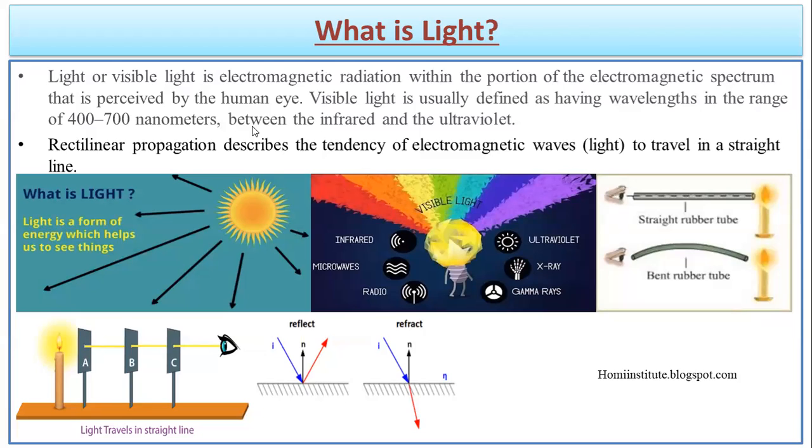So when we say light, then light is a portion of the electromagnetic spectrum or the electromagnetic radiation which is emitted by any kind of luminous body. Whenever we observe a luminous body, it emits photon particles.